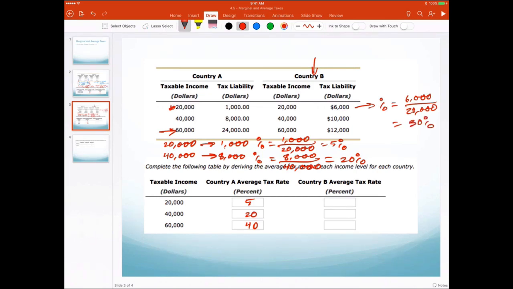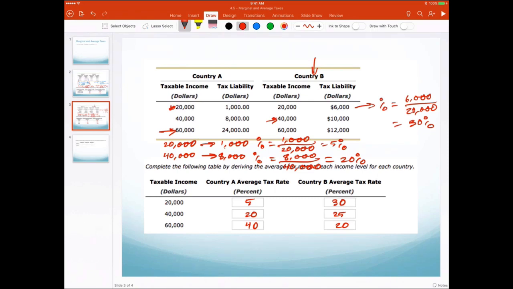And you do the same thing for the $40,000 income level, and then again for the $60,000 income level, you get 30%, you should get 25%, and then lastly, you should get 20%. Now, keep in mind, you're probably going to get a slightly different version than this on the homework. So again, there'll be different numbers, so just keep that in mind, but the method to solve it will be the same. Okay.